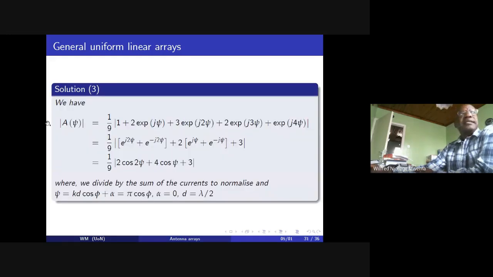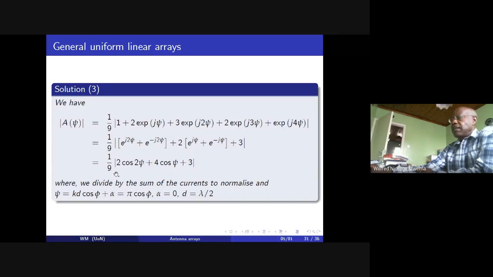So we have that the array factor A of psi is going to be given by 1/9 times (1 + 2e^{jψ} + ...). That is, we are feeding in the currents. Remember, we saw that this was going to be given by the sum of the exponents of jψ in powers.